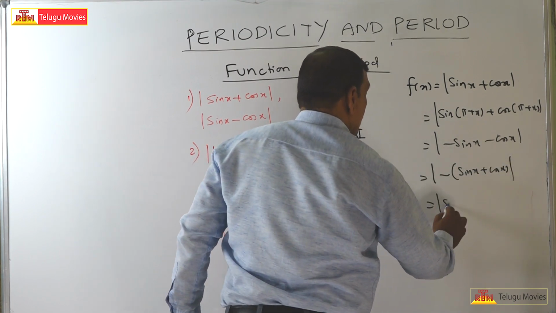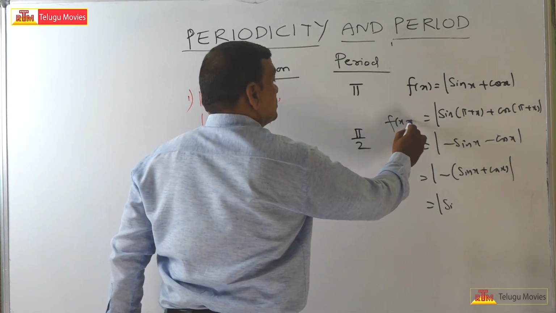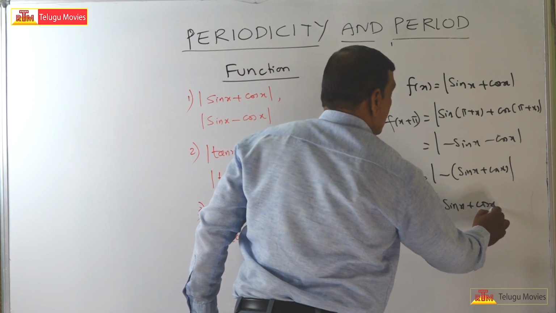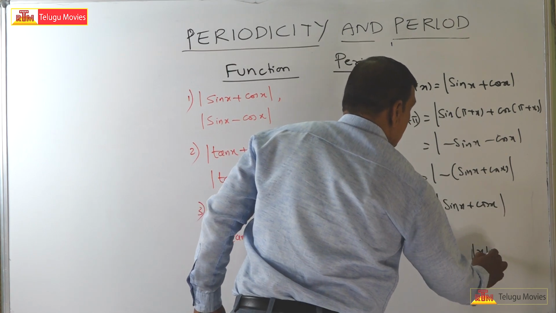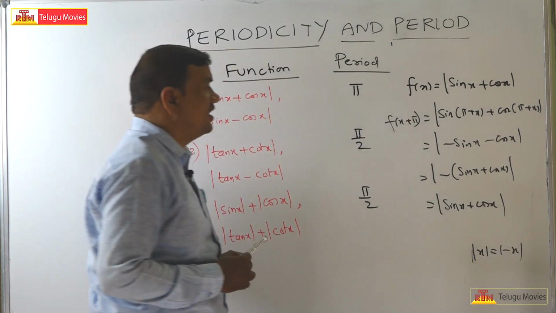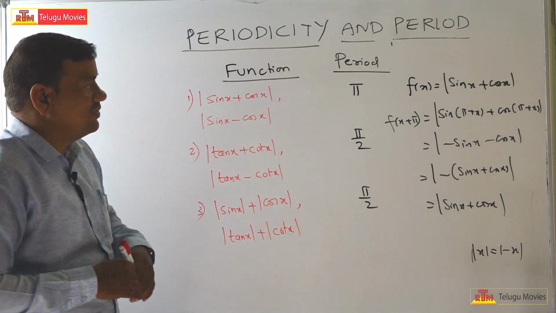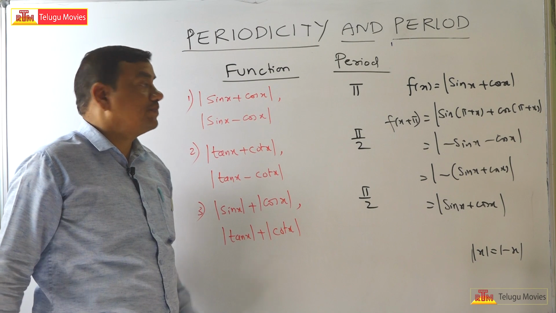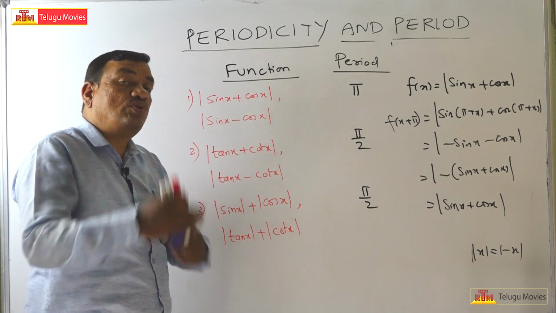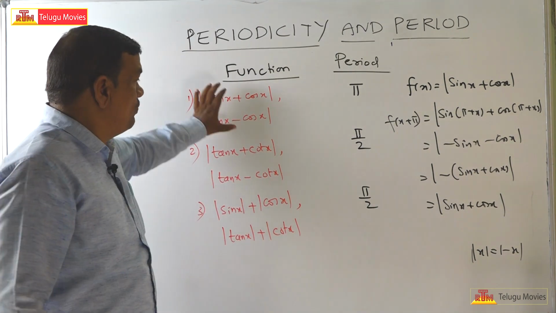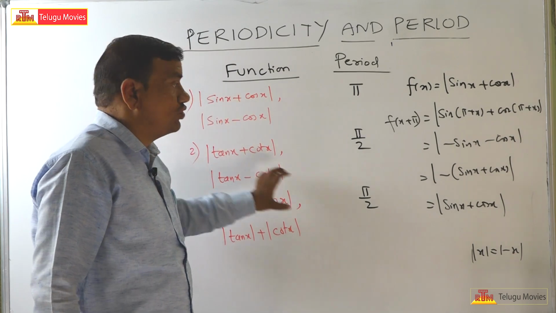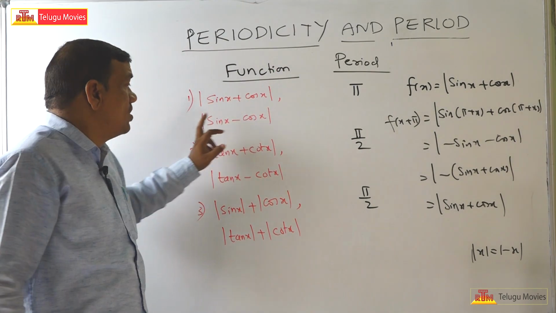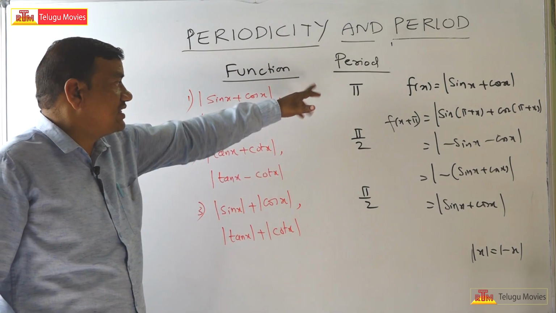This is equal to modulus of sin x plus cos x, since modulus of x is the same as modulus of minus x. Again you are getting f of x. That means wherever x is there, substitute pi plus x, and you will get the same function again. Therefore the period of modulus of sin x plus cos x is pi. Modulus of sin x minus cos x is pi.